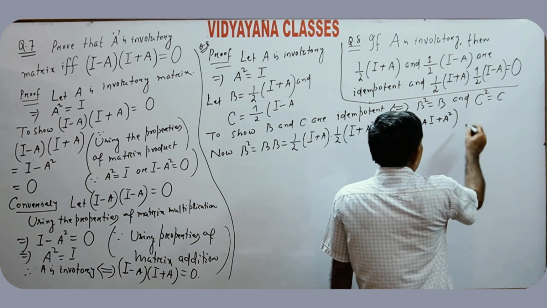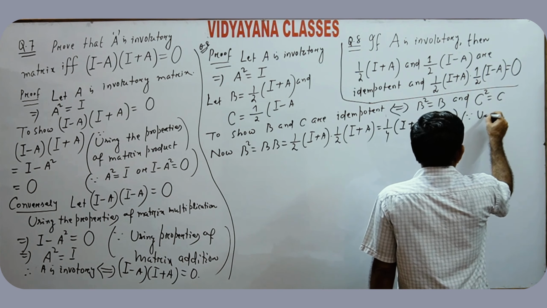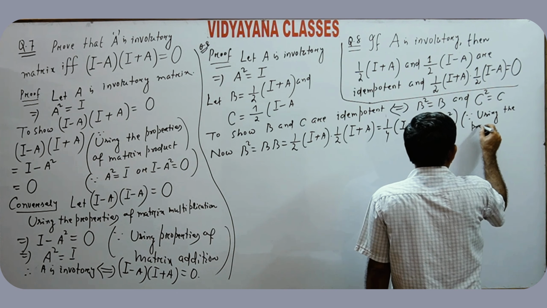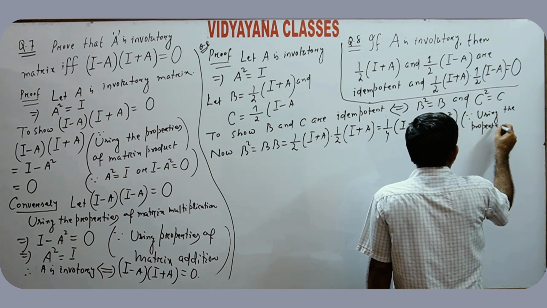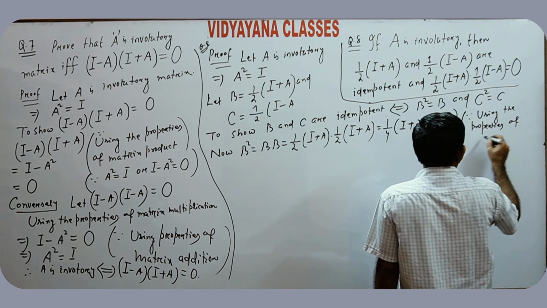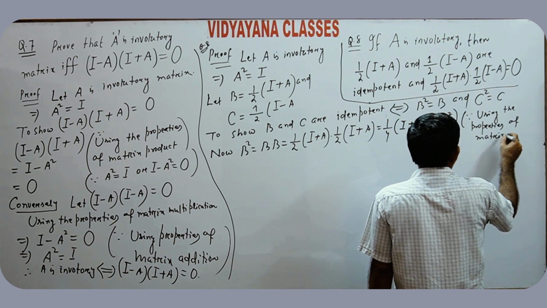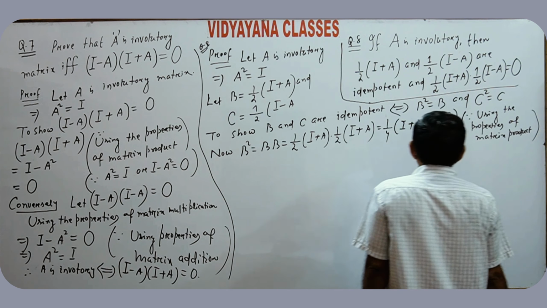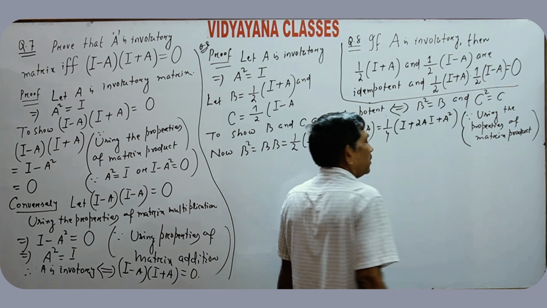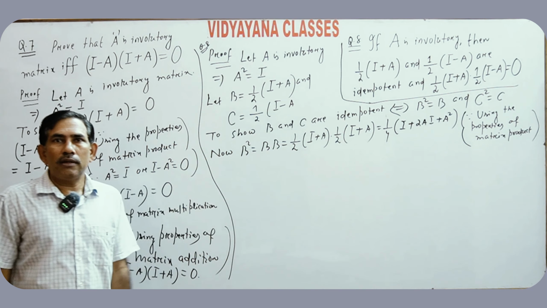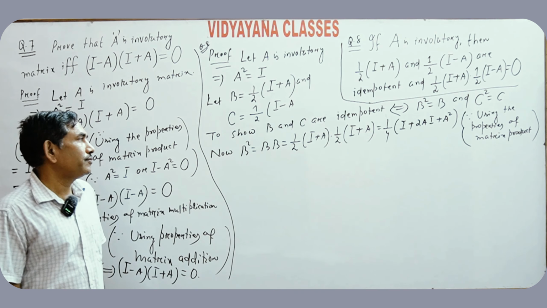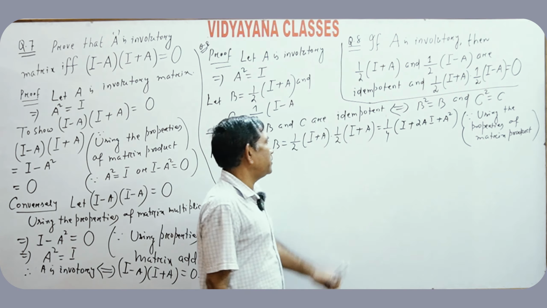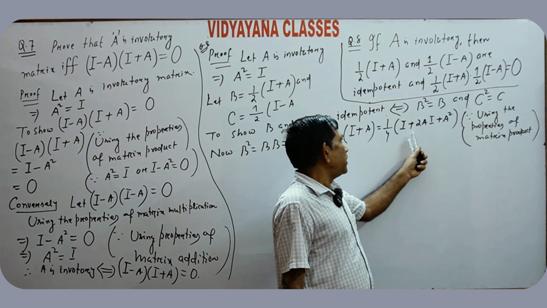Clear? Using the properties of matrix product: matrix product is associative, matrix product is distributive. Using the distributive properties, it gives this and this.